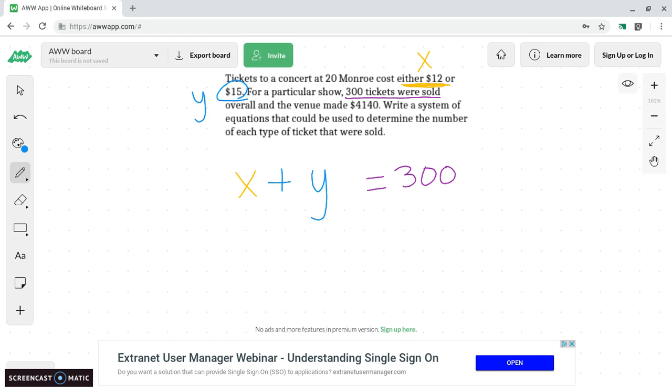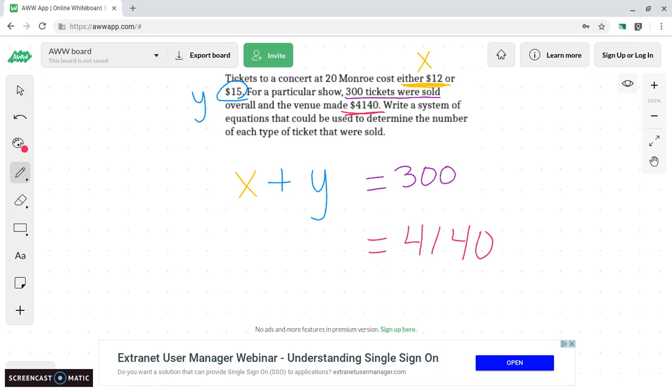So for our second equation, we need to look at how much each thing cost. One piece of information that we haven't used yet was our total here, $4,140. That's our second total, so that is for our other equation. We know it's going to equal 4,140.